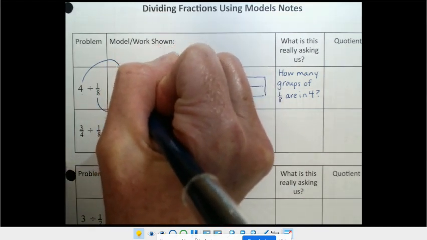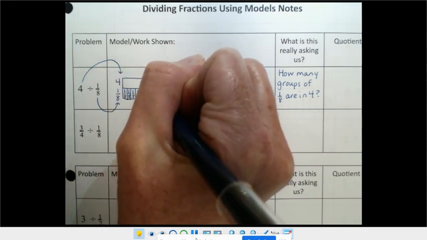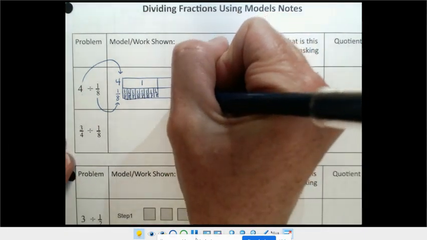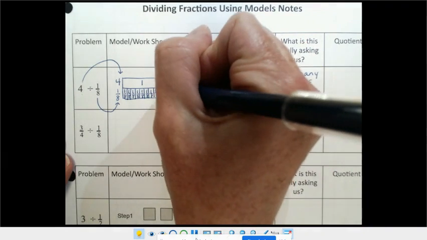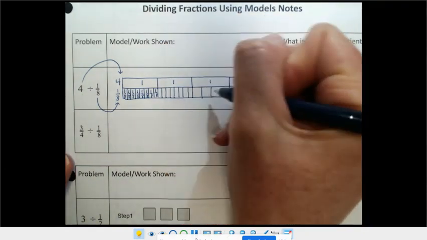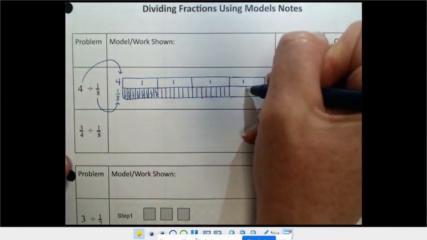You don't have to try and write this in, but just so that you understand that each one of these stands for 1/8. Then the same thing goes for these. So these are all 8 parts as well.